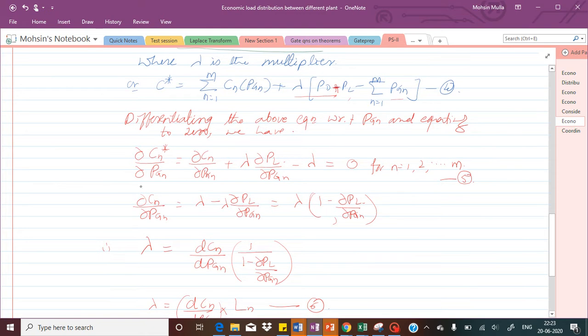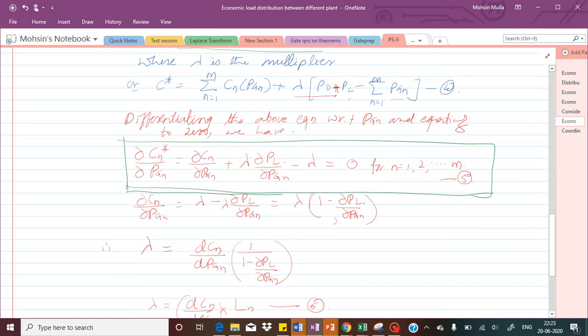This is the basic equation for optimum operation of the plant. That means the minimum incremental fuel cost of the number of power plants can be determined by using equation number 5, or whatever equations come out of it.